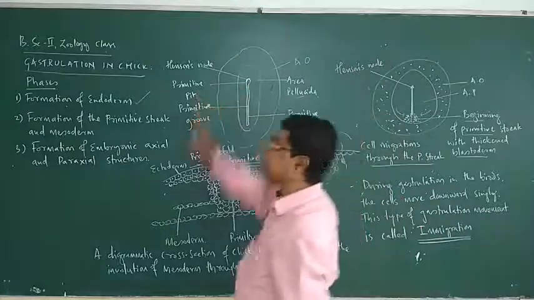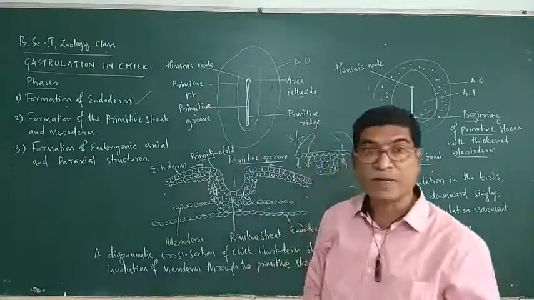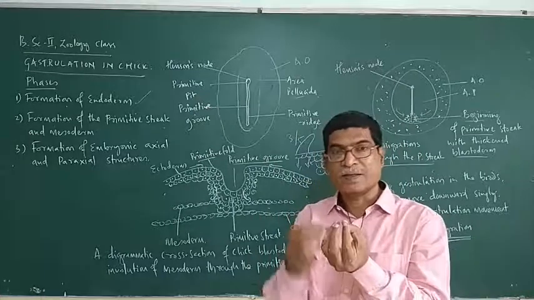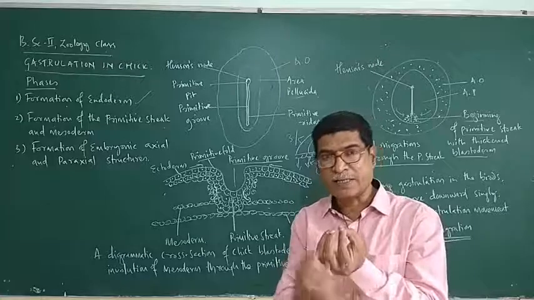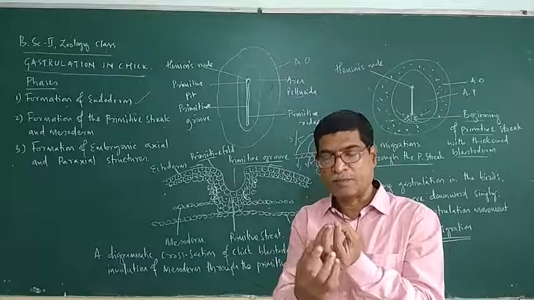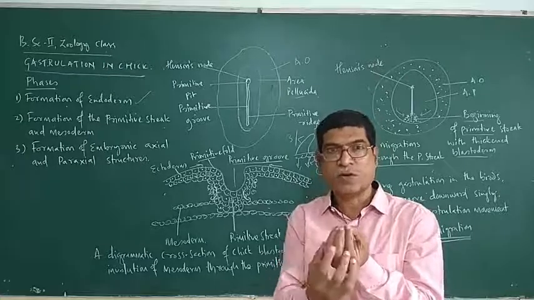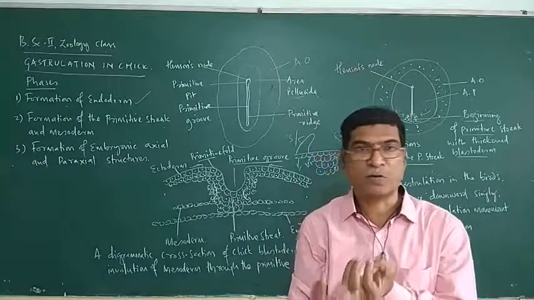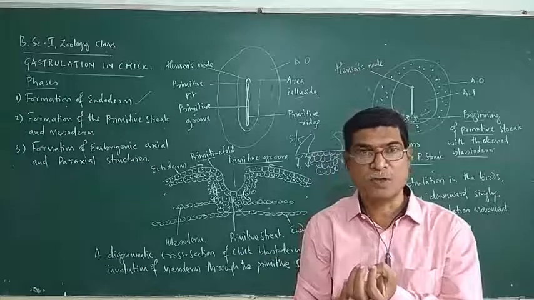This is called the primitive pit. The cells present in the primitive pit or Hensen's node region are going to develop into notochord, nerve cord, and mesoderm.